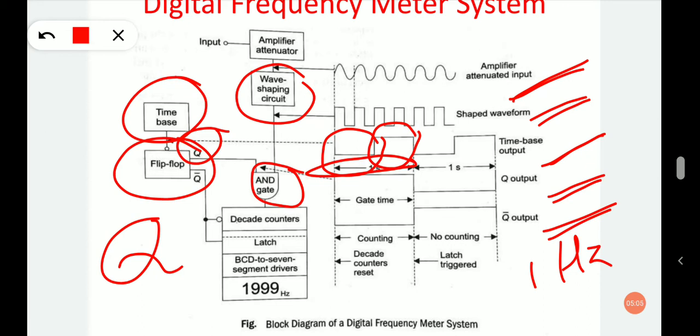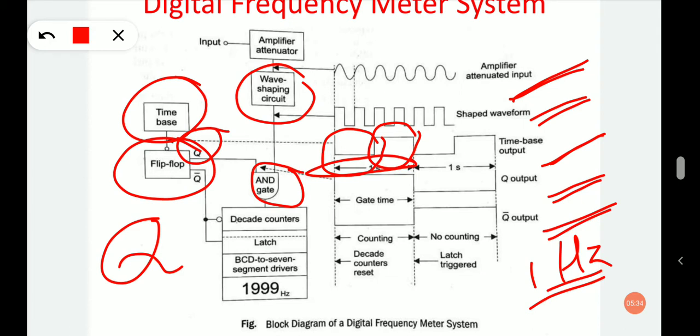Now the output from the wave shaping circuit will pass through the AND gate when flip-flop Q output is high for a period of 1 second. Hence, the total count represented by the counters indicates the frequency of the input in hertz. The unit of frequency is hertz.